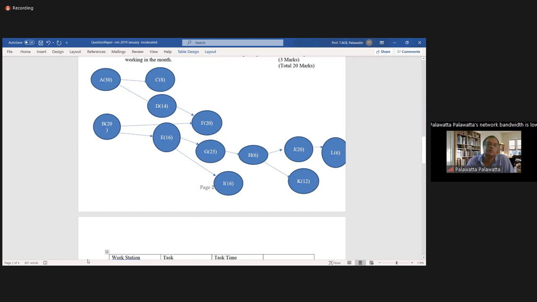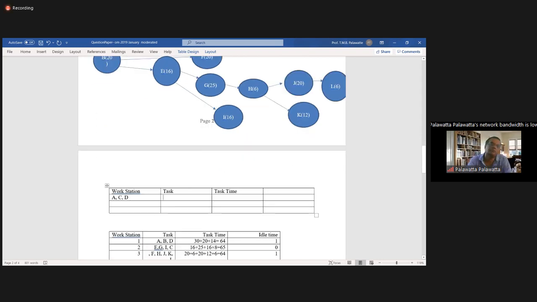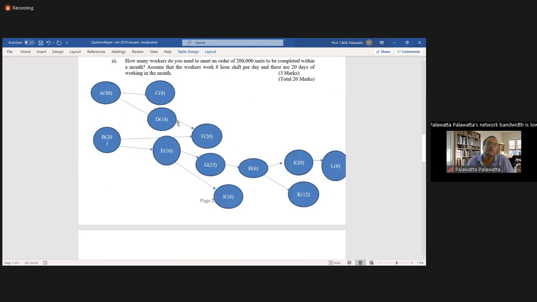So what happens is, this is station 1, sorry, A, B, C. Once A, C, D is allocated, F is not possible because B has not been allocated.